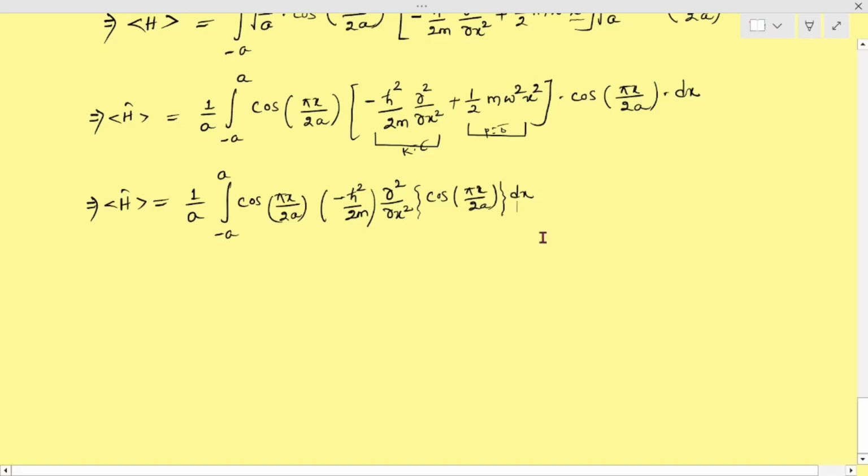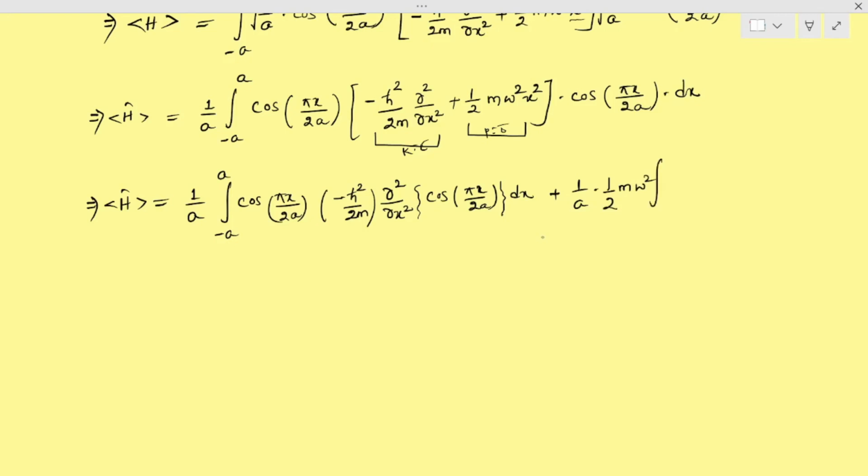This will be one integral. Another integral will be plus 1 by a. Here you can see half m omega square is a constant, so you can take it outside of this integration, minus a to a, cos pi x by 2a times cos pi x by 2a will be cos square pi x by 2a, and x square is there. So it will be x square into cos square pi x by 2a dx.